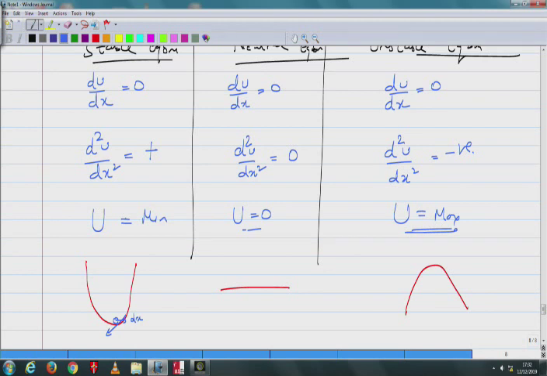What is F? F is minus dU by dx. So if this is positive, if this is increasing, then your force is negative. Your force is negative means it is pointing in the other direction. That is the condition for stable equilibrium.